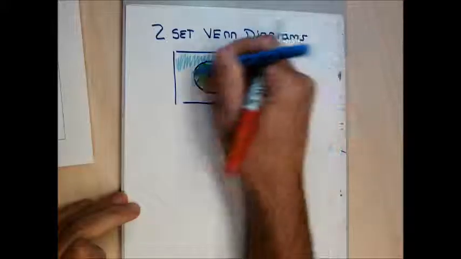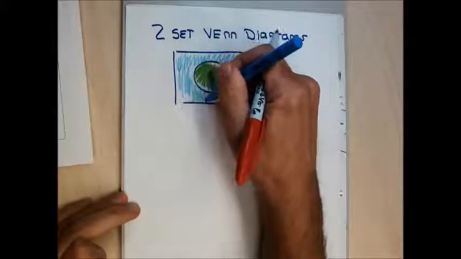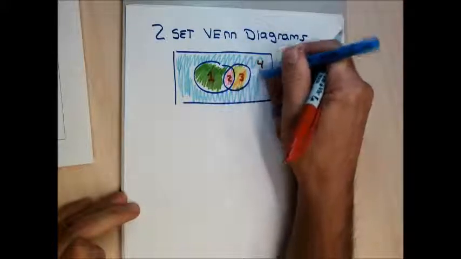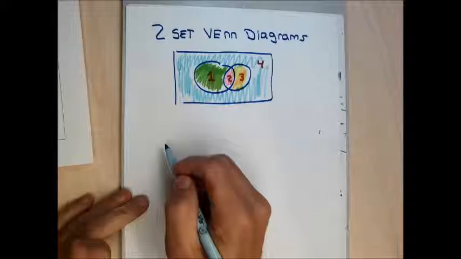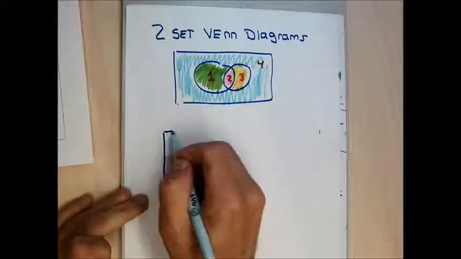So in a 2-set Venn diagram, we're going to have 4 regions, and each of the regions, when we get to a word problem, is going to have a number put inside of them as opposed to elements of a set.